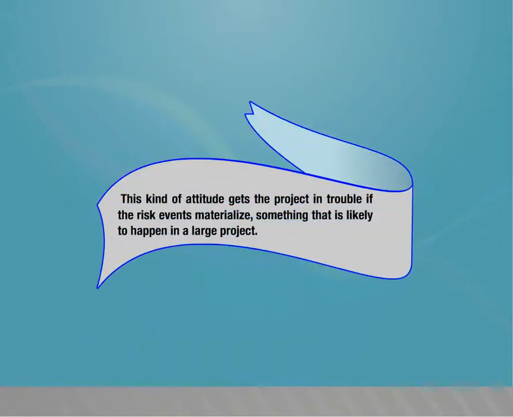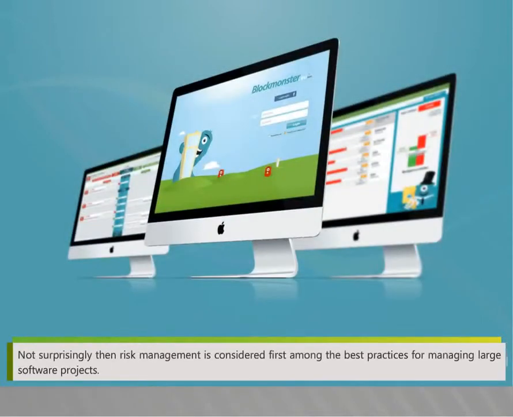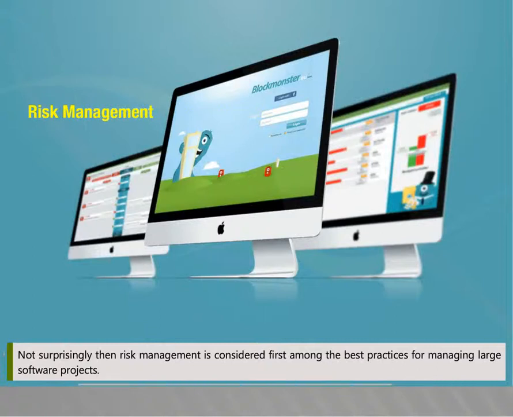This kind of attitude gets the project in trouble if the risk events materialize, something that is likely to happen in a large project. Not surprisingly, then, risk management is considered first among the best practices for managing large software projects.